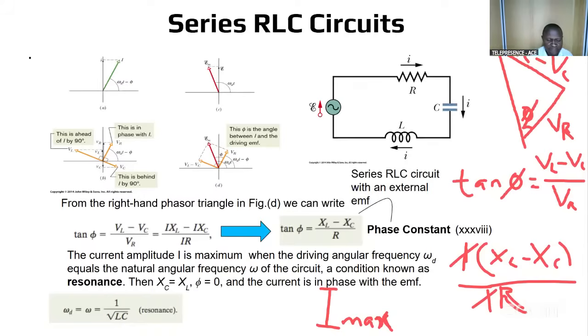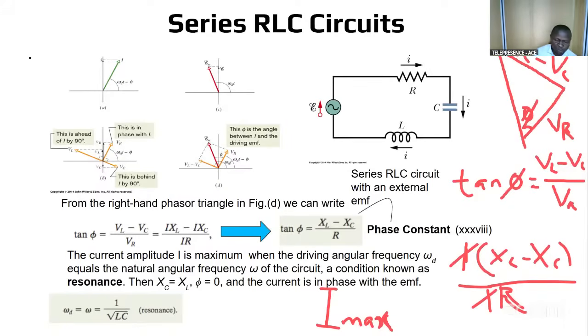the natural frequency will be very close to the driving angular frequency. And then we say that the circuit is at resonance. So at resonance, omega_D is equal to omega. And from your previous classes, you know that omega is 1 over root LC.